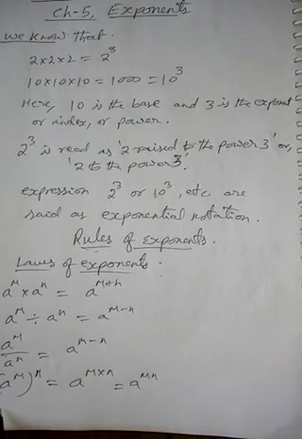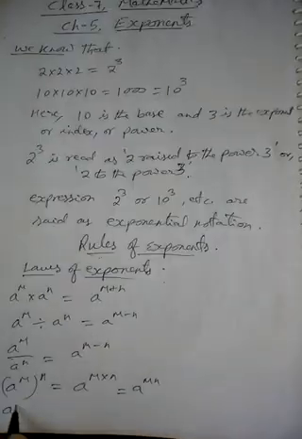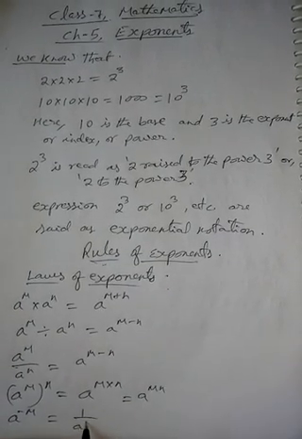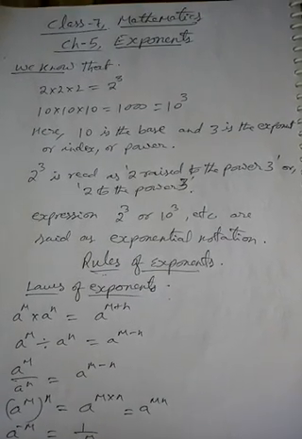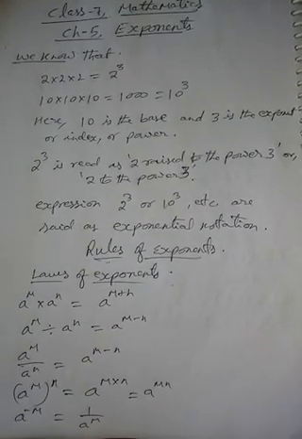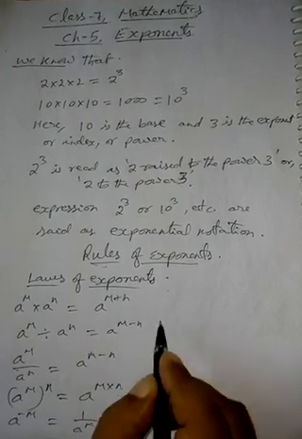In the same way, a raised to power minus m will become 1 upon a raised to power m. This means a negative power can be converted into positive by taking the reciprocal.